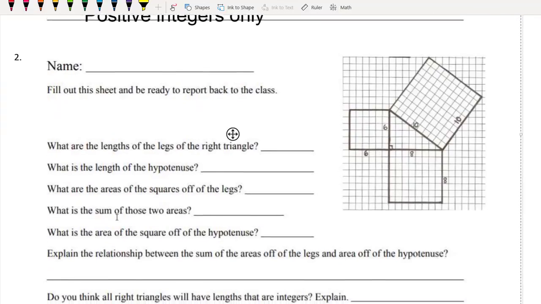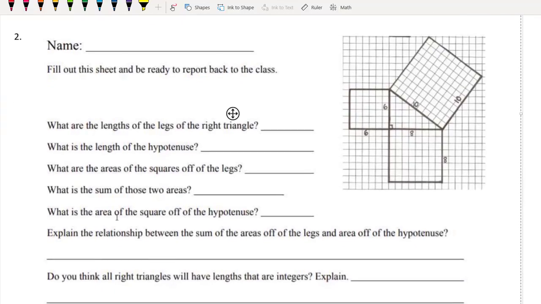All right, so looking at the second one. What are the lengths of the legs of the triangle? One leg is 6. The other leg is 8.